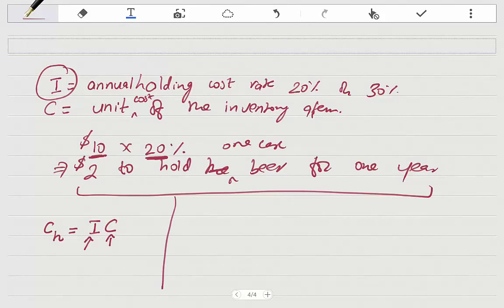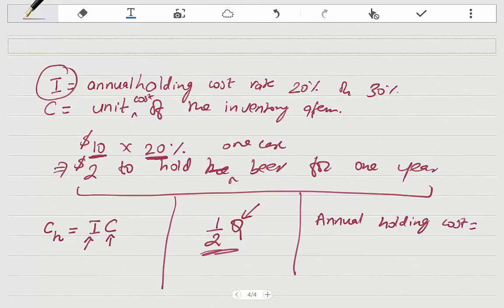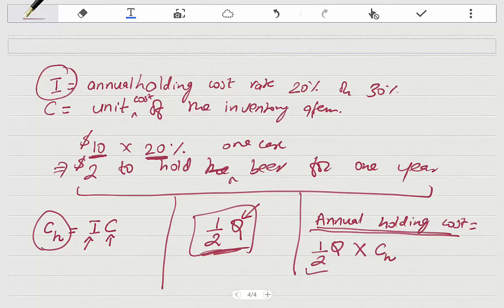So if your average inventory at any given time is half Q, Q being the amount you order, your total or annual holding cost is going to be this part. This is your average inventory, half Q, times your CH, the cost of holding each unit.